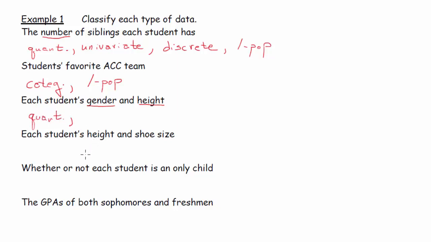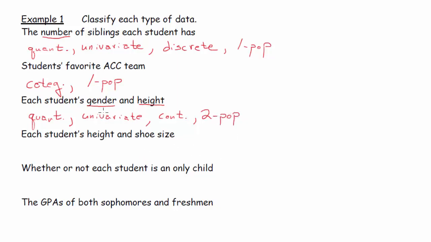How many numbers am I collecting? Just one, so this is univariate. Is this continuous or discrete? Height would be continuous because there's an infinite number of heights. And this gender piece, we're going to think of as a two population example.